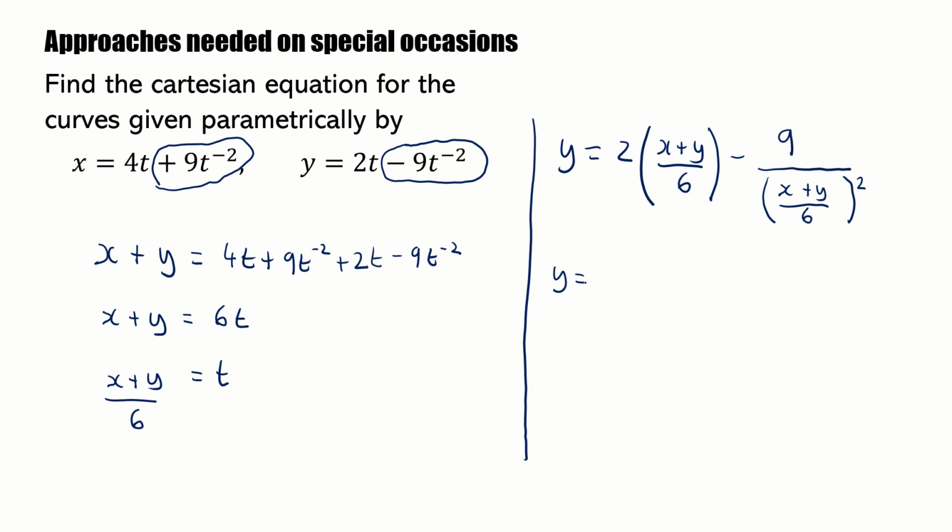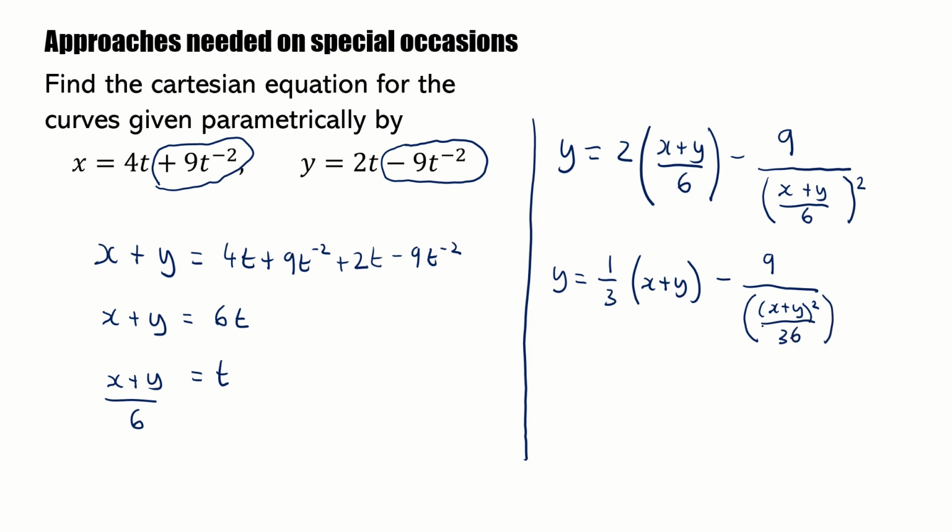So if we are continuing that on, we'd realise the 2 divided by 6 simplifies to 1/3. So we've got 1/3 lots of x plus y. And then if you square that fraction that's on the bottom of the bigger fraction, you're going to end up with (x plus y) all squared divided by 36.